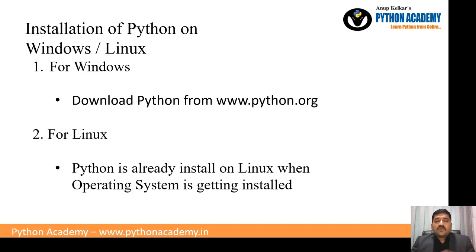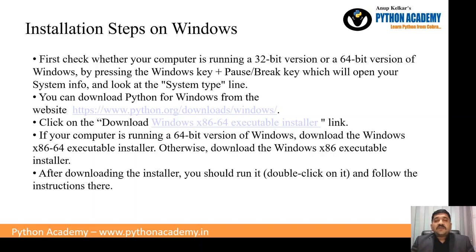To download, multiple file extensions are available. Before downloading a file, we need to know what kind of operating system is installed on our machine. That is the same thing I have written in the next slide: if it is 32-bit or 64-bit, we have to download the file accordingly. I would recommend that if it is 32-bit, you change it to 64.